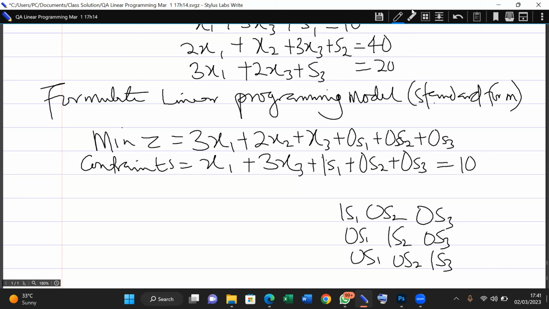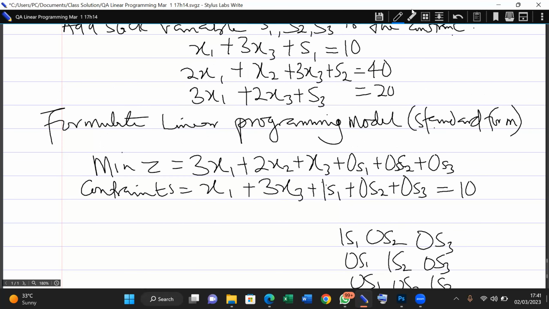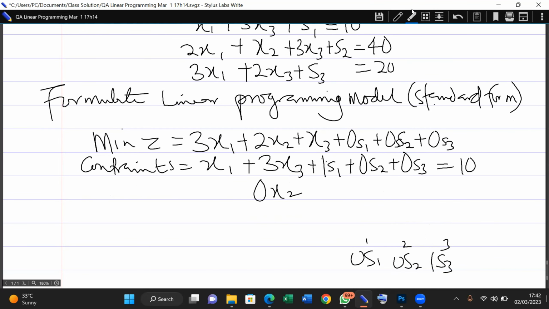And if you want to complete this x2 so that this one can leverage, you can rather put a 0x2. That is, there's no x2 there, it is 0. You can do it that way too.